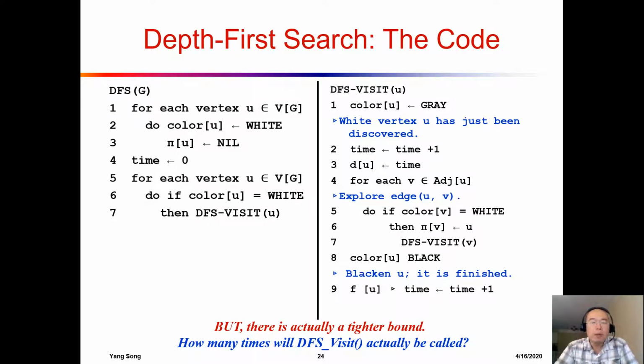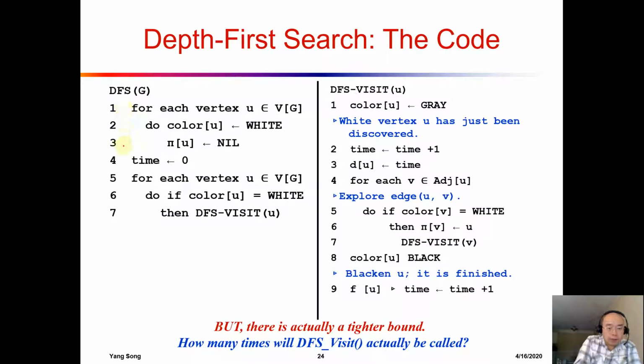Okay, and then how about the edges? For each edge, there are two vertices, U and V, for example. For the U, we may visit that edge, and then from the V, we may visit that again. This means, if it is an undirected graph, for each edge we will visit that twice and twice only, right?